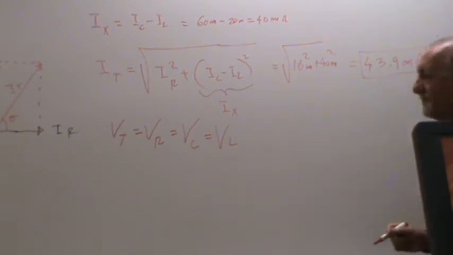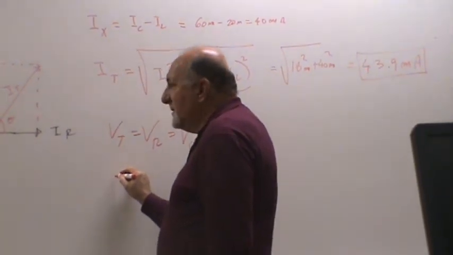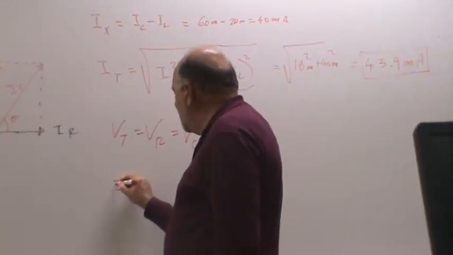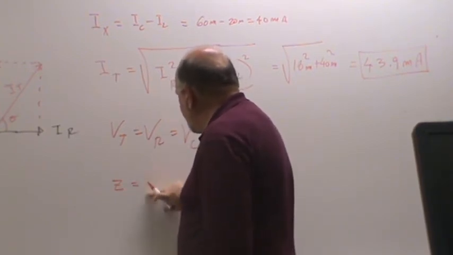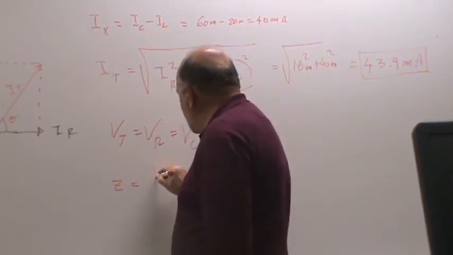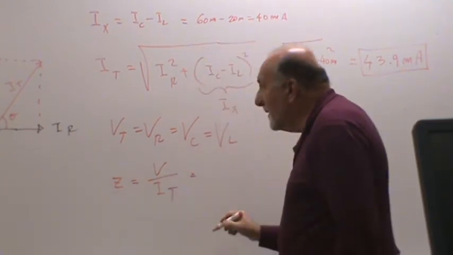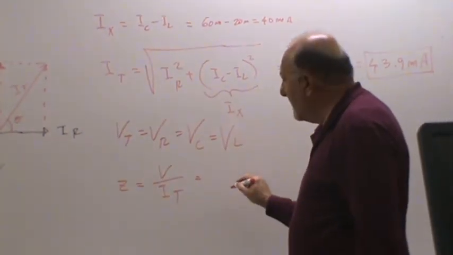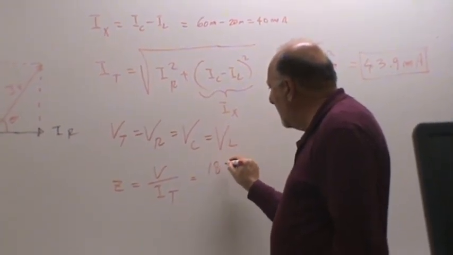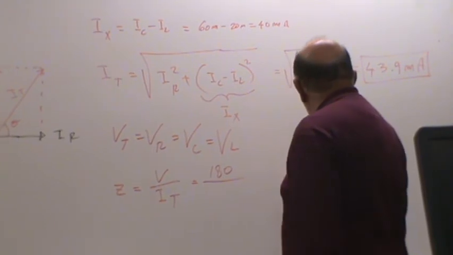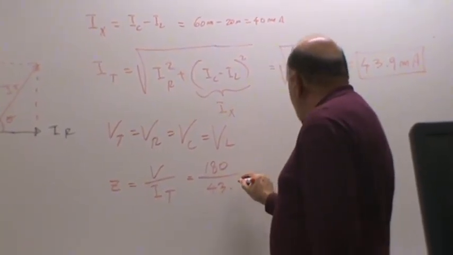And finally, let's find out theta and Z. Z is equal to, I can just say, V over I T. In our case, it's going to be 180 over I total, which was 43.9 milli.